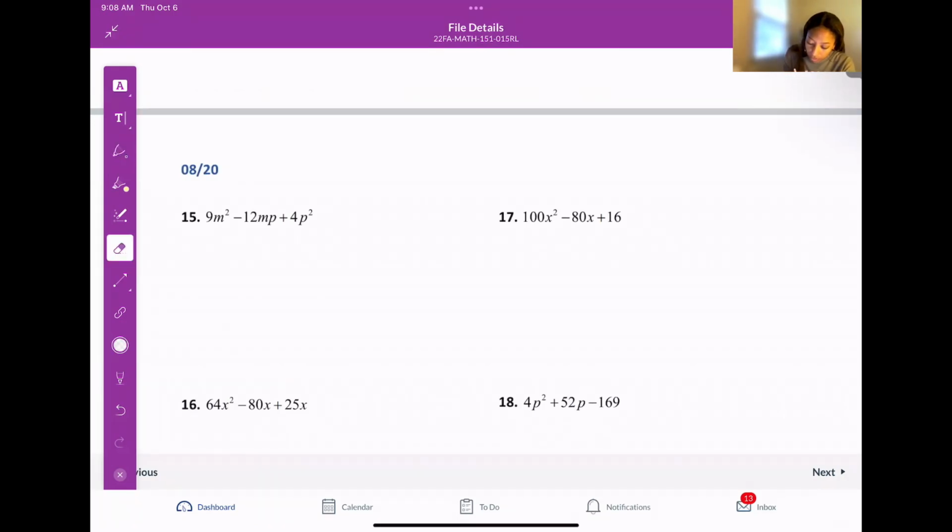So for problem 15, we have 9m squared, that would be 3m all squared. 4p squared would be 2p all squared, I'm sorry, wrong again. And then in the middle, 12mp.